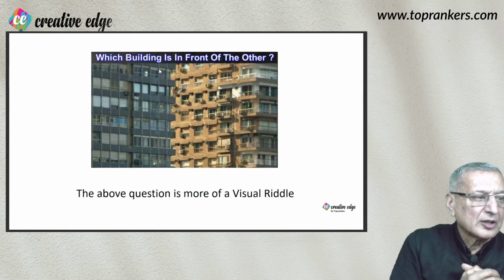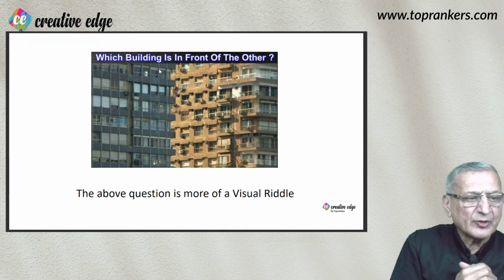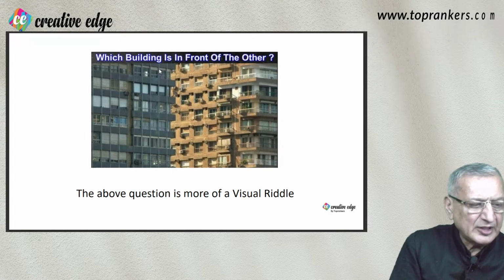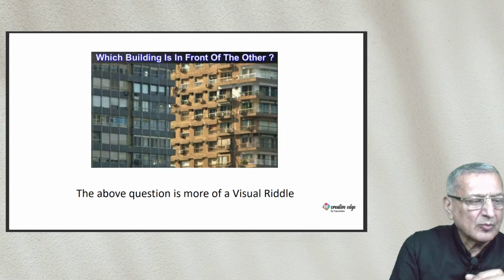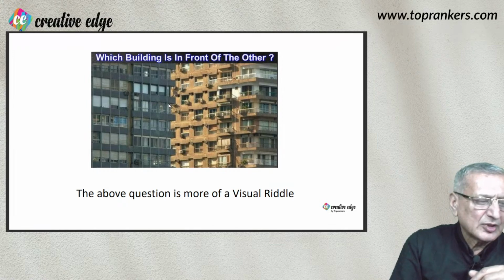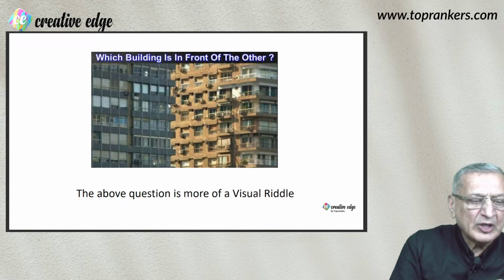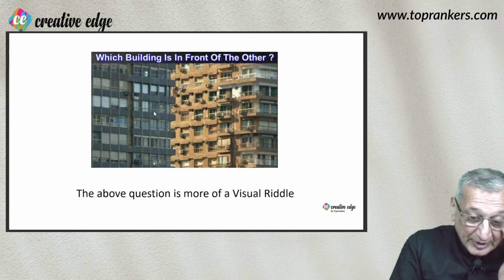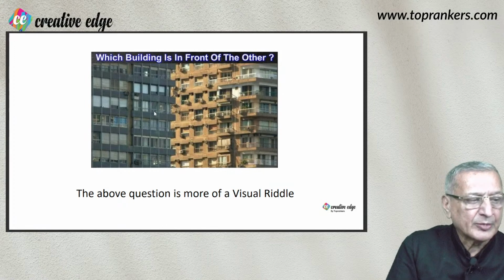Now, which building is in front of the other? You've seen it, maybe I have overrun the time. The above question is more of a visual riddle. You must have formed your answer, and yes, you can do it in my live presentation also.